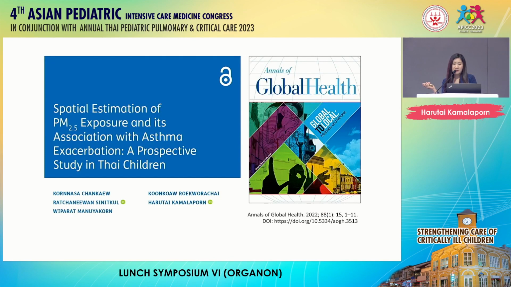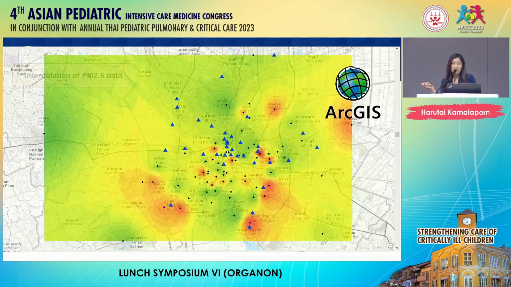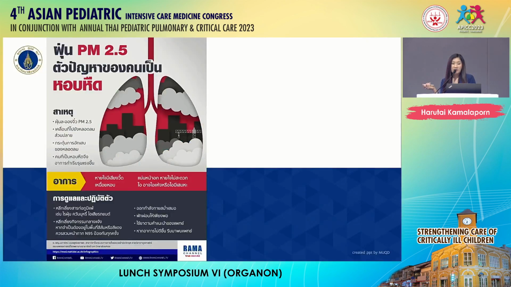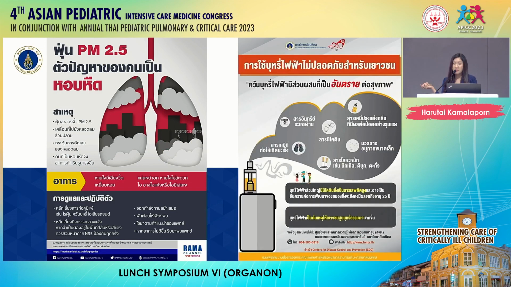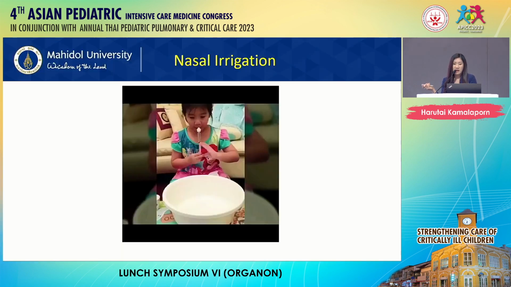We have some publications about PM 2.5 exposure associated with asthma exacerbation in Thailand, from studies we did in Bangkok and Chiang Mai. And at my university, Mahidol University, they have posters to raise awareness of PM 2.5 and e-cigarettes for Thai people to understand.